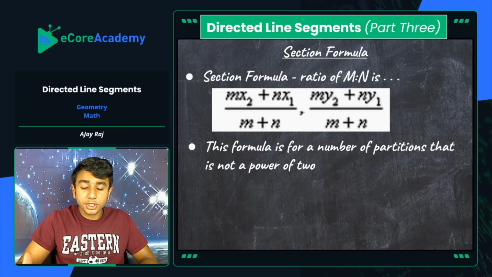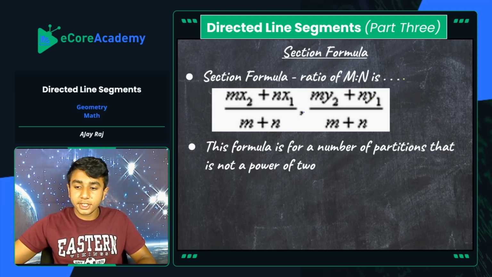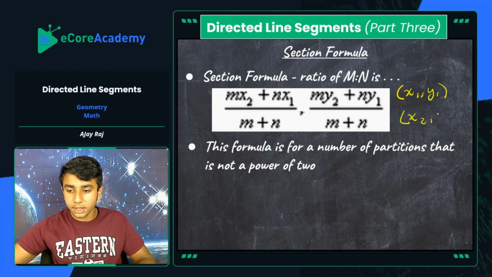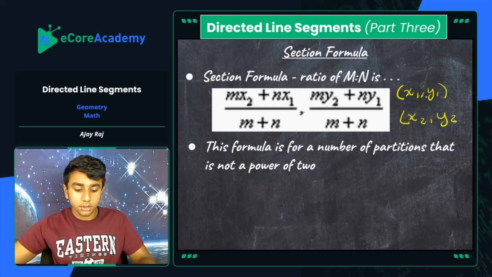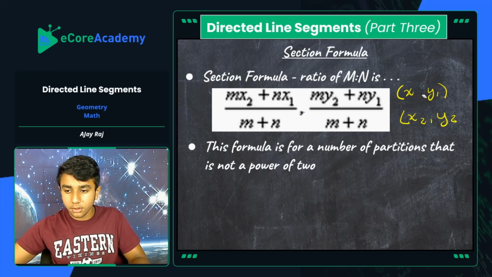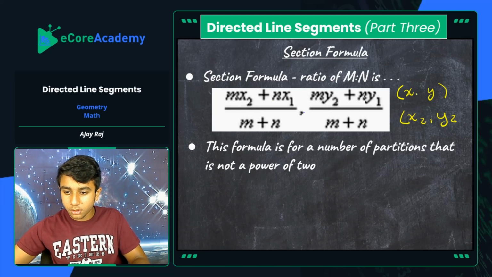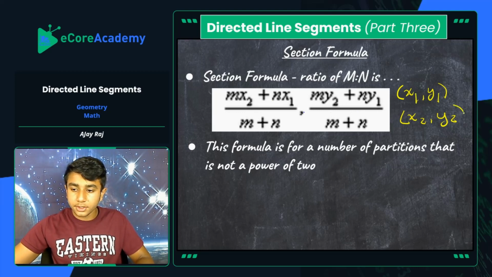But if you look at this equation, it's actually very simple, and that's if you're given the same type of coordinates, like I said before, x1 and y1. If you're given the coordinates in x1, y1, and x2, y2 form, these are the endpoints of your directed line segment. So make this a bit more deliberate here. x1, y1, and then x2 and y2.